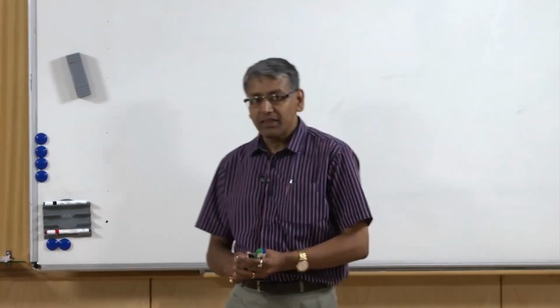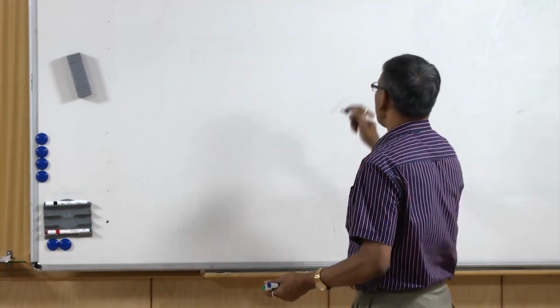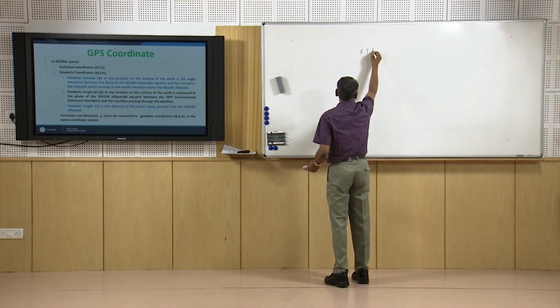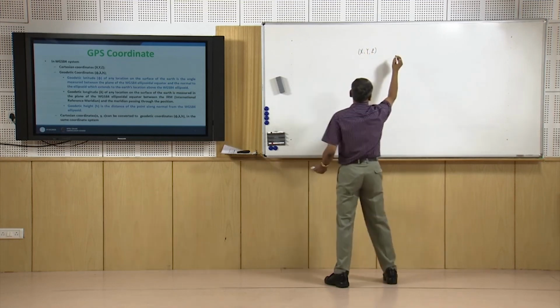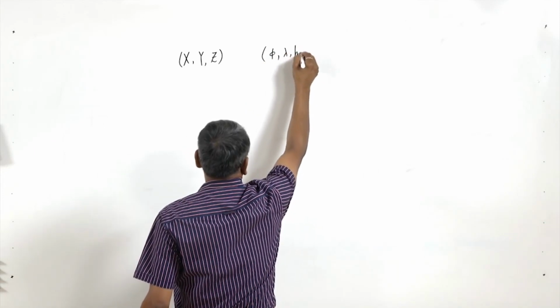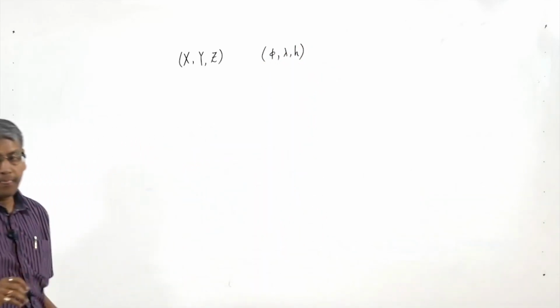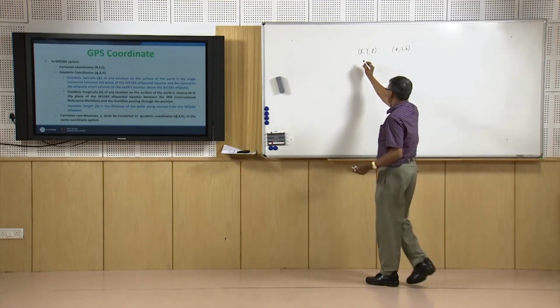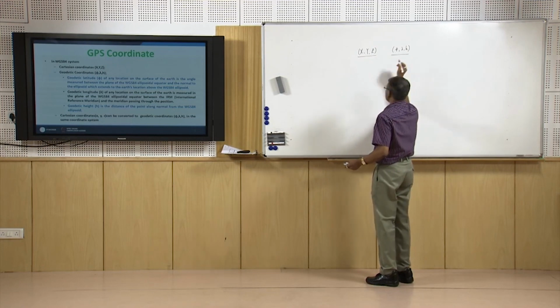Now we have seen that the position of any point can be defined, and GPS provides it either in Cartesian coordinates or in geodetic coordinates. In some cases only one of them may be available.